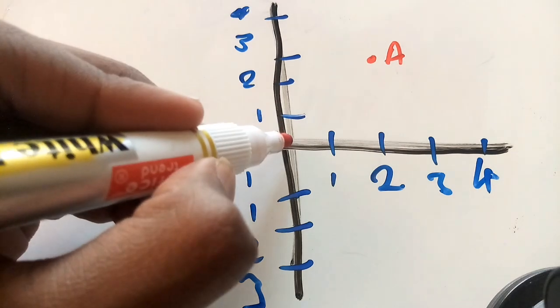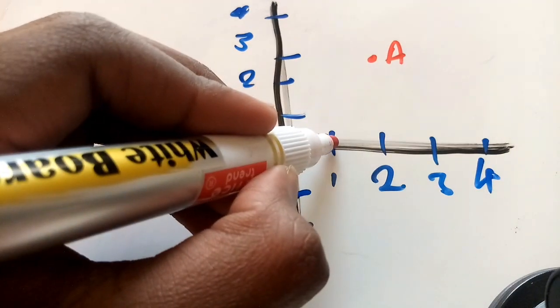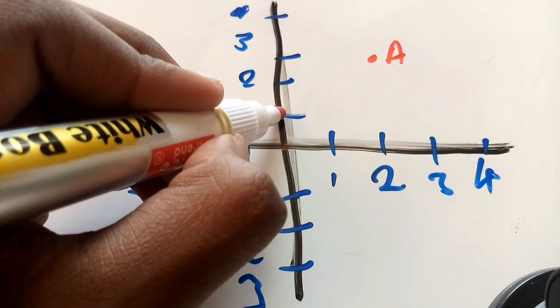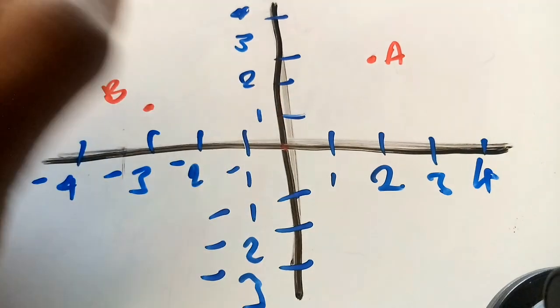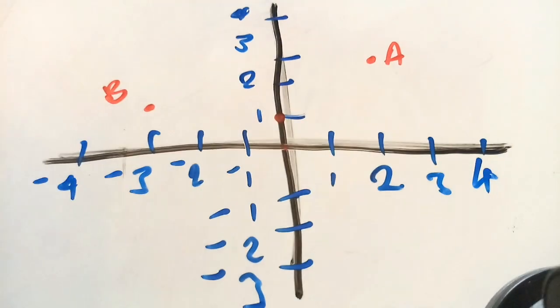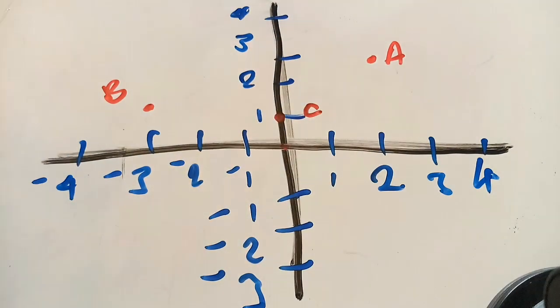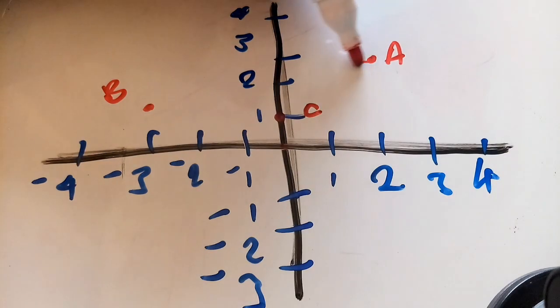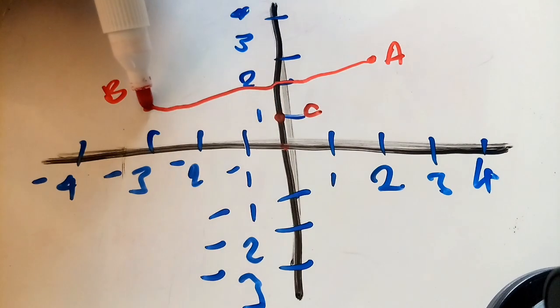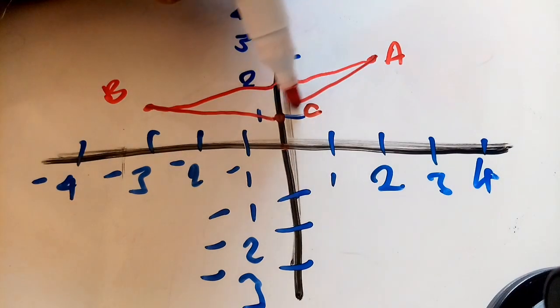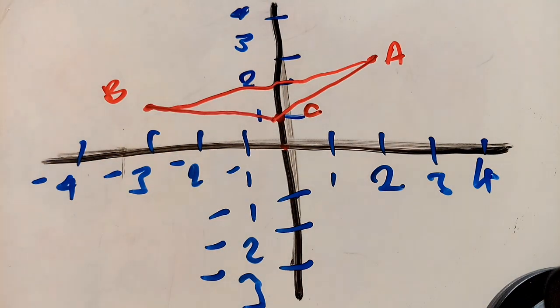So 0 is here, then 1 will be here. So our 0, 1 will be like that, and that's our C. Now we're going to join these 3 points. It will give us something like that. So that is our plotted triangle.